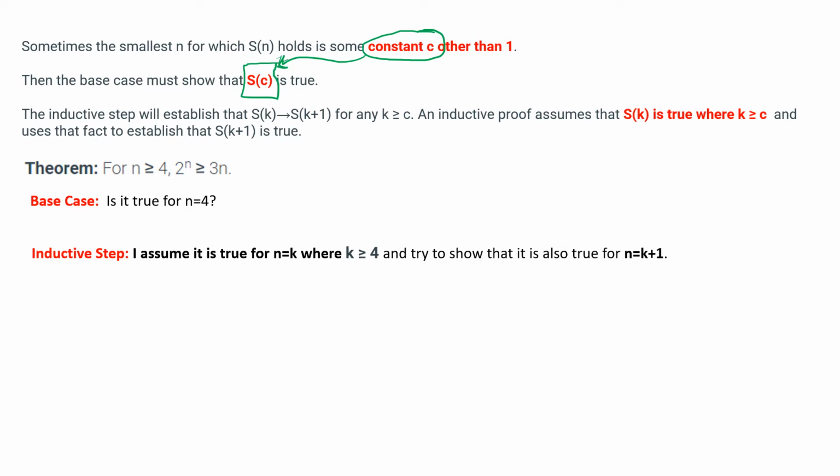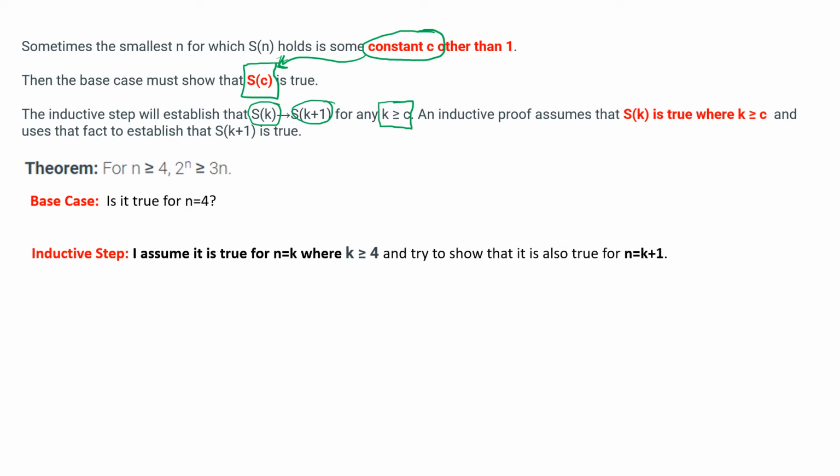So the base case would be showing that it's true for S of c, if that's really what we're trying to prove. Then the inductive step is going to establish that if we can assume that it's true for k, then it's true for k plus 1, as long as k is greater than or equal to this c.